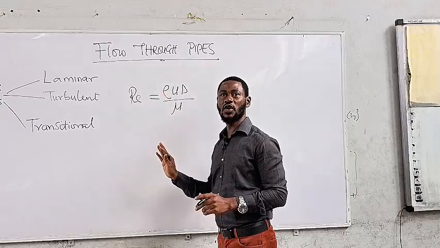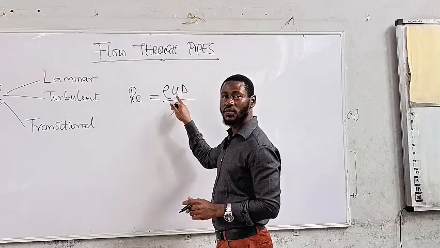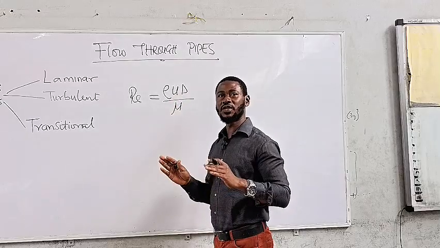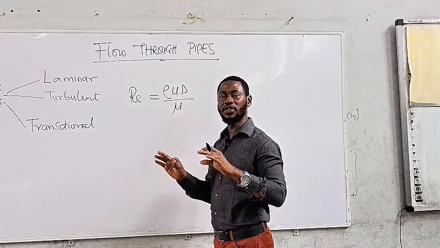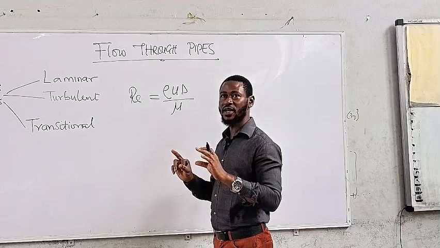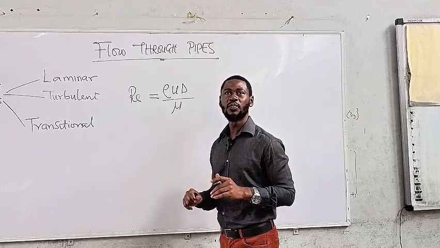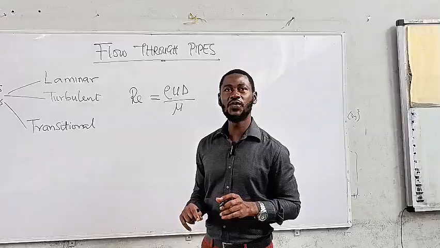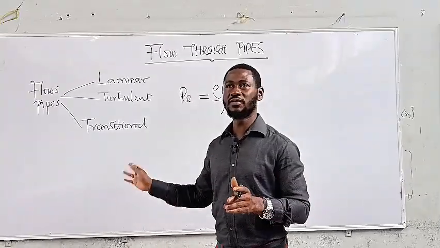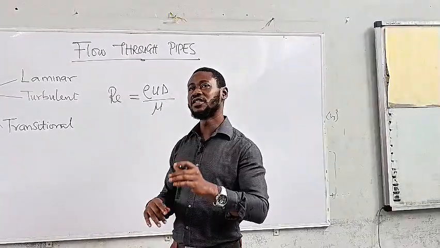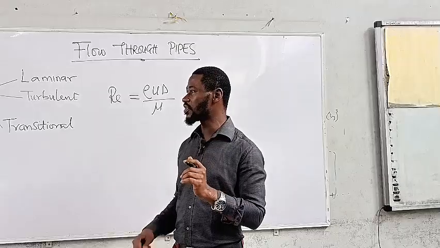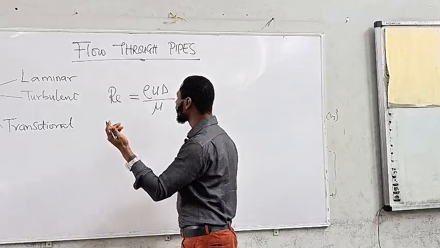Rho is the density of the fluid. U is the speed at which the fluid is moving in the conduit or pipe. D is the diameter of the pipe, and mu depends on the type of fluid that you are trying to convey. Mu is referred to as the dynamic viscosity of the fluid.